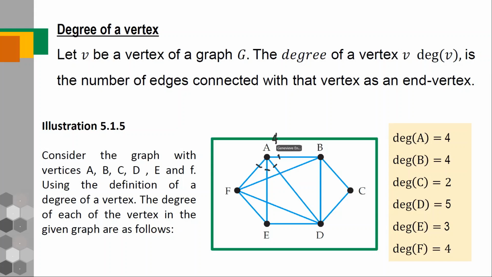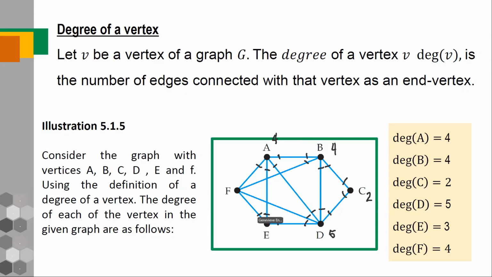Si B, naa nakabutang pila kabuok? 1, 2, 3, 4. So 4 ang degree ni B. Si C is 1, 2. That's why duha ang degree ni C. And si D, we have 1, 2, 3, 4, 5. So 5 ang degree ni D. Si E is 1, 2, 3.